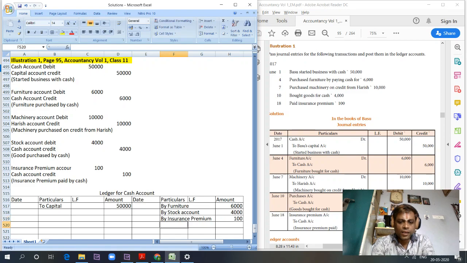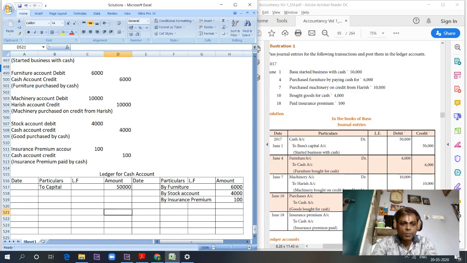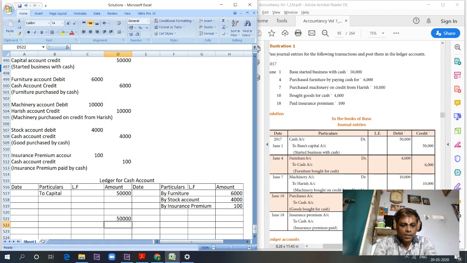Now let's put the total for the cash ledger. The total on the debit side is 50,000 and the total on the credit side is 10,100.